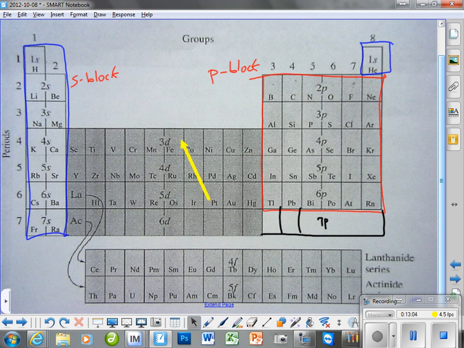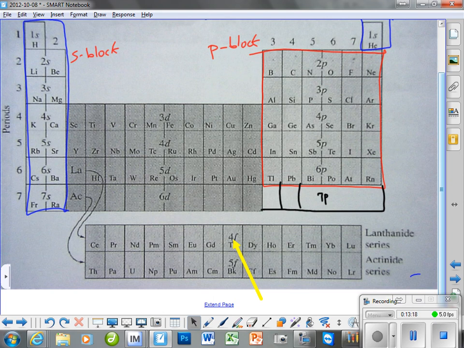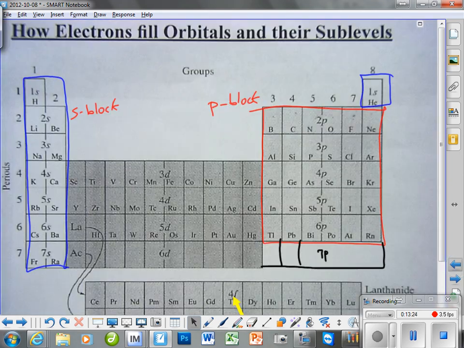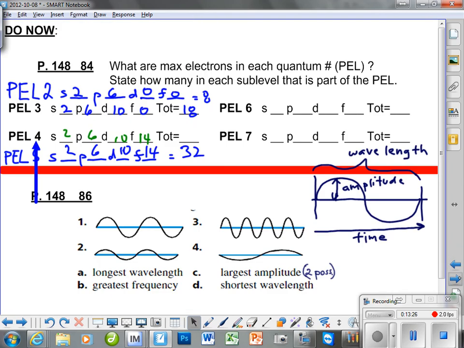Now, the 4D isn't where you expect it, but if you look in the D block, you'll find a 4D. And then down here, you look in the F block, and you find that there's a 4F. So that's how we should be looking to find these. Our total here is 32.